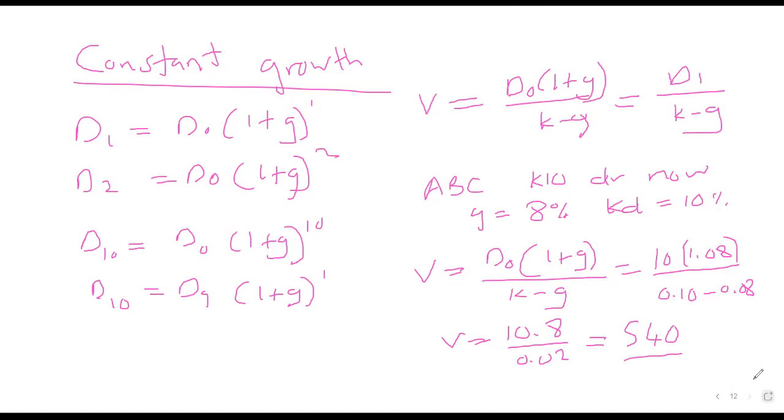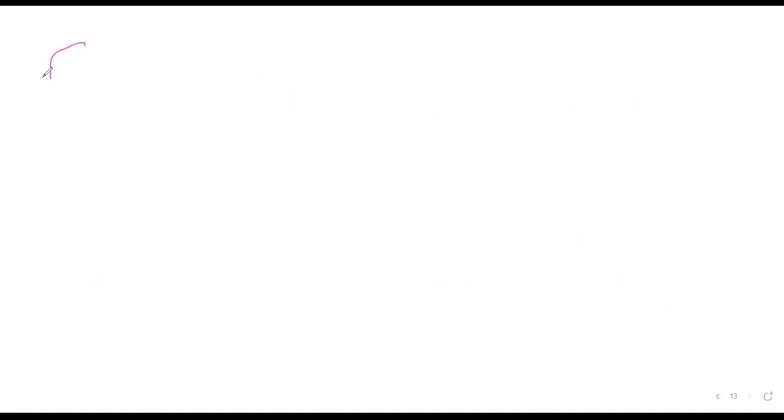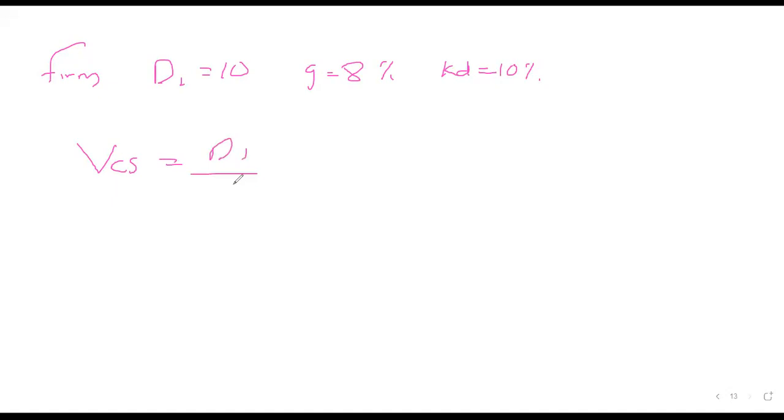Using Gordon's model. But if the firm simply says their dividend in year one will be 10 kwacha, with a growth rate of 8%, and we're told that the appropriate discount rate is 10%, Gordon's model gives you the value of common stock as D1 over K minus G directly.